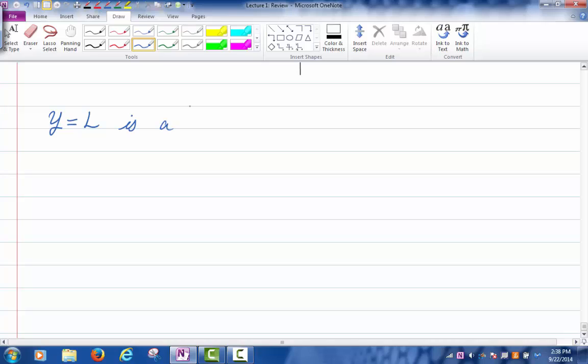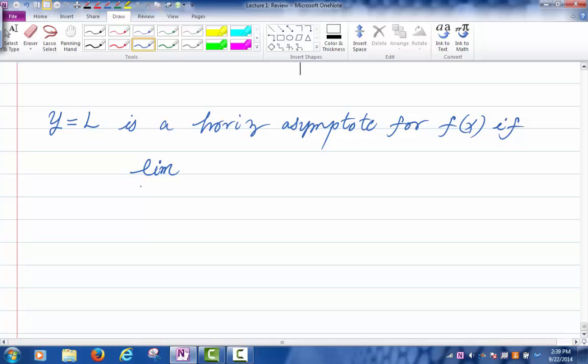This is a horizontal asymptote for a function f if either the limit as x goes to infinity of f of x is L, or the limit as x goes to negative infinity of f of x is L. If one of these limits is L, you have a horizontal asymptote at that height L.